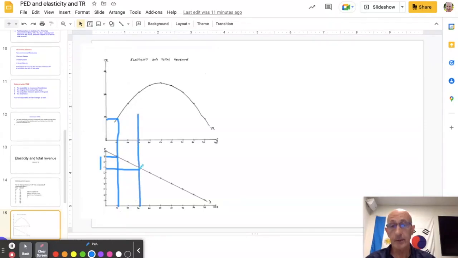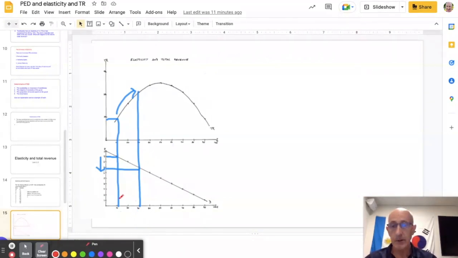Well, I can see more clearly that when I drop the price, remember I'm in the elastic range of the demand curve, the total revenue will go up. The reason is that because the product's elastic, the percentage increase in demand that results from the fall in price will be larger than the percentage decrease in price. So with total revenue being price times quantity, that will lead to an overall increase in total revenue.